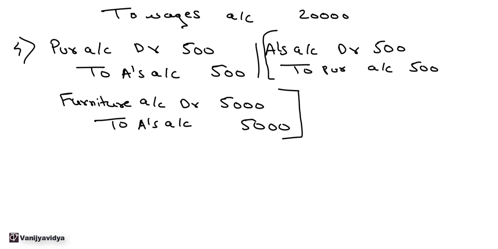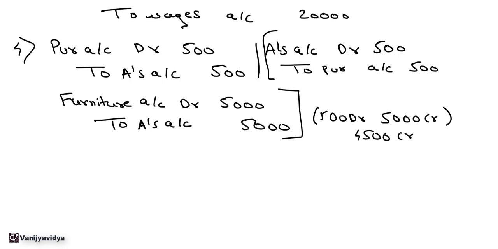So see, the entry will be your furniture account debit 5000, then A's account is debited by 500 and credited by 5000. So net is A's account should be credited by 4500. There is 500 debit and 5000 credit. So net impact is 4500 credit to your A's account.